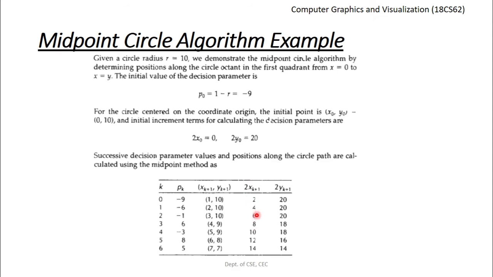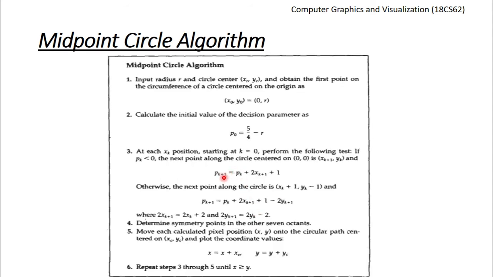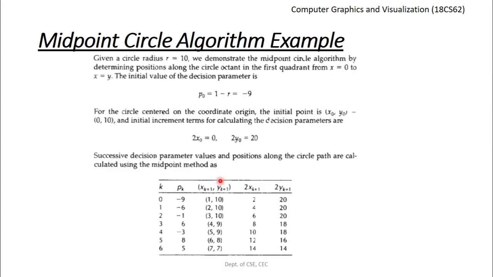So p2 plus 1, p3 will be equal to p2. What is the value of p2? Minus 1 plus 6 plus 1. What is the value of p3? That will give us a value of 6. So p3 will be the value of 6.